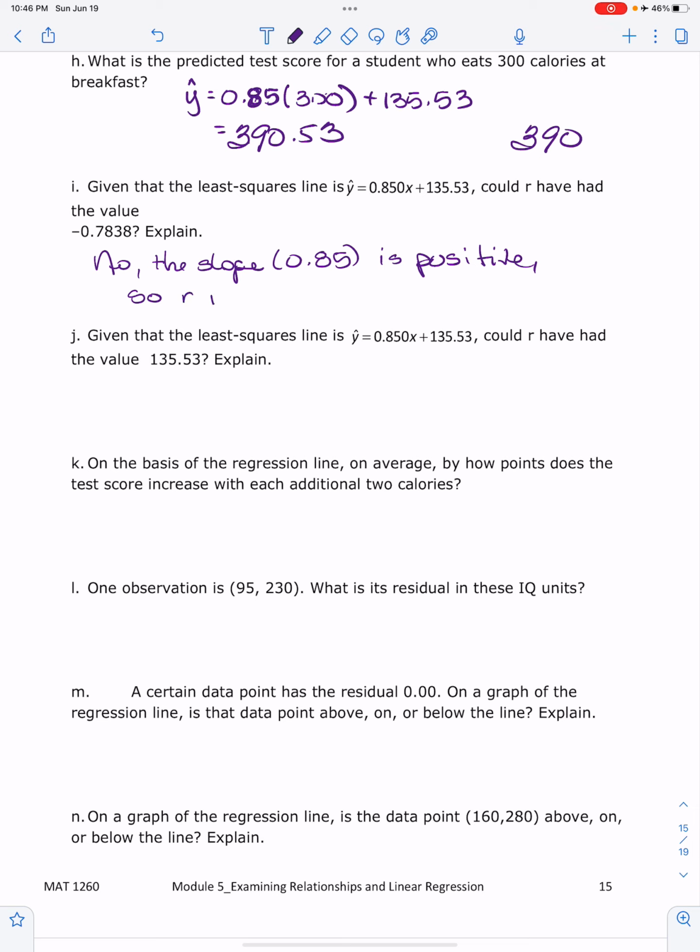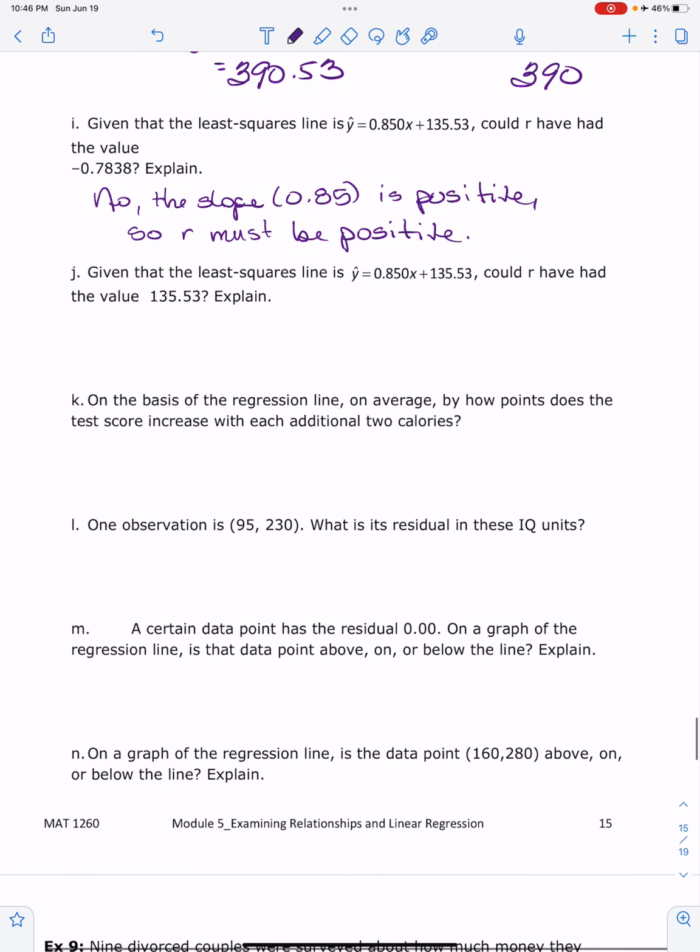So r must be positive. Could r have the value 135.53? No. r must fall between -1 and 1. Plus r is not our y-intercept.